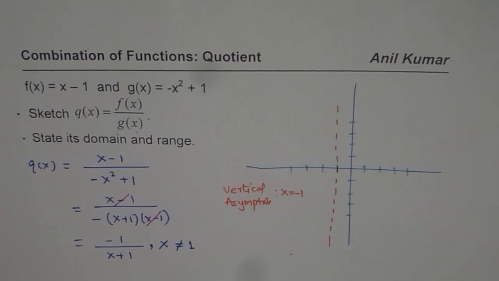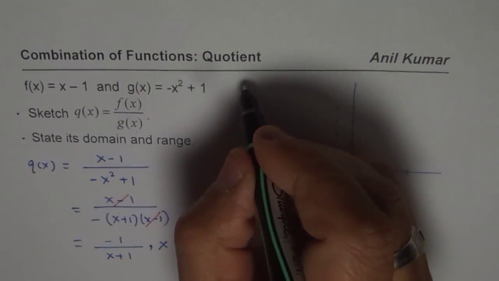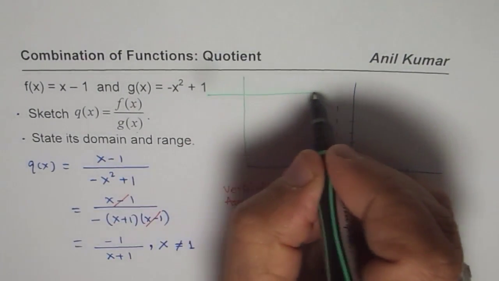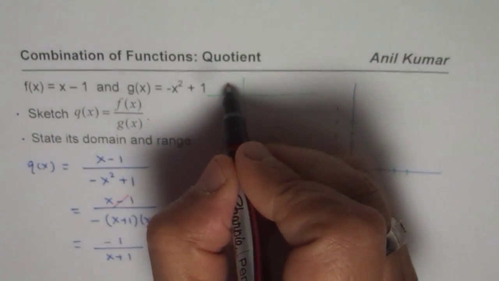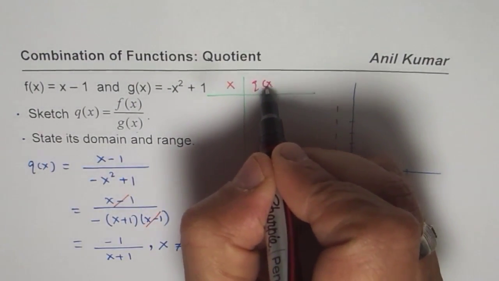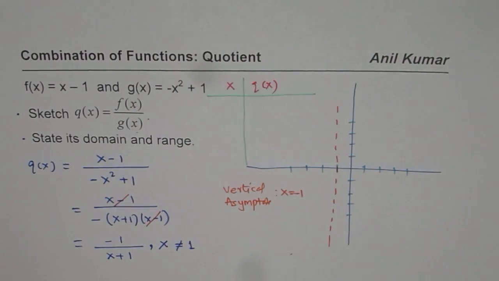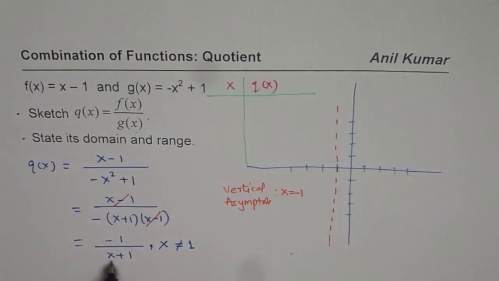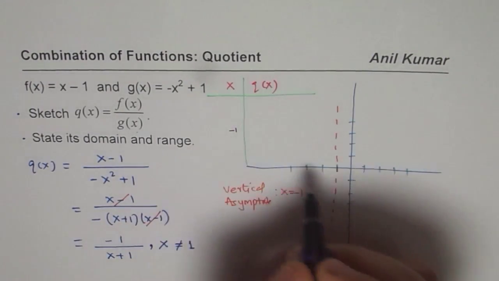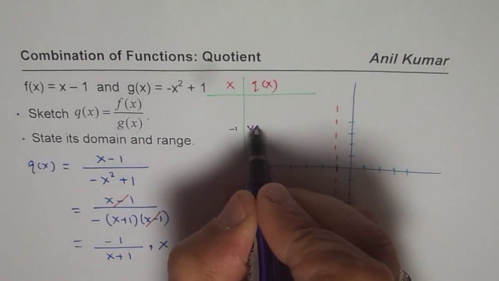So let me plot some points. What we can do here is make a table of values just to get some values here. It'll be better. So let us write x values and q x values. Good points to check is always starting with the vertical asymptote. That helps, right? So if I write x equals minus 1, I say it is a vertical asymptote.